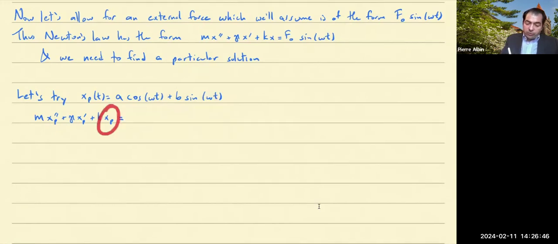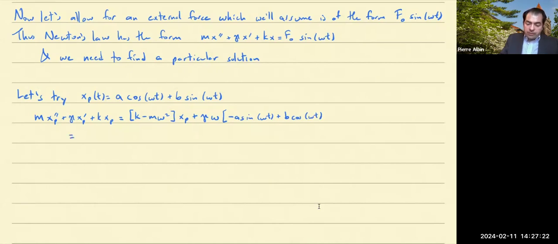And of course, that's also what you have from your particular solution. So from the first and last term, we get k minus m omega squared times xp. And then from taking one derivative, we'd get plus gamma times omega times minus a sine omega t plus b cosine omega t.